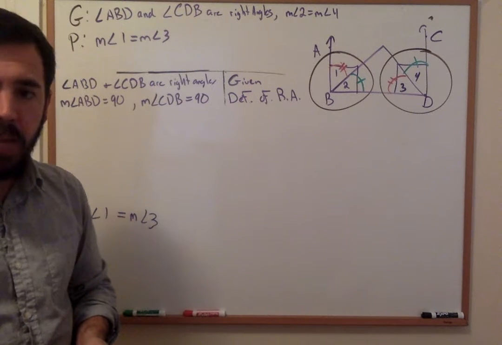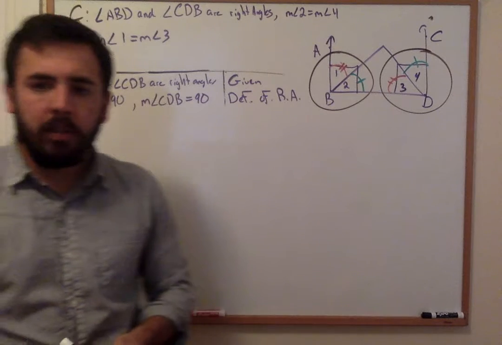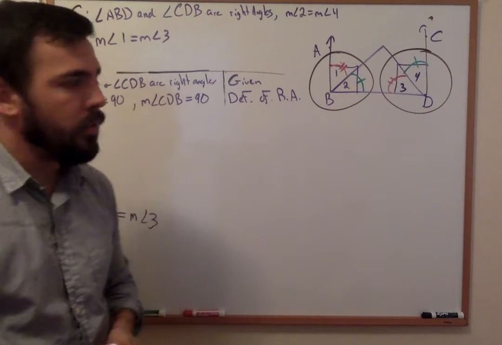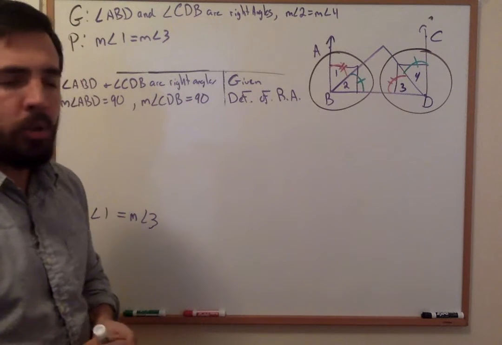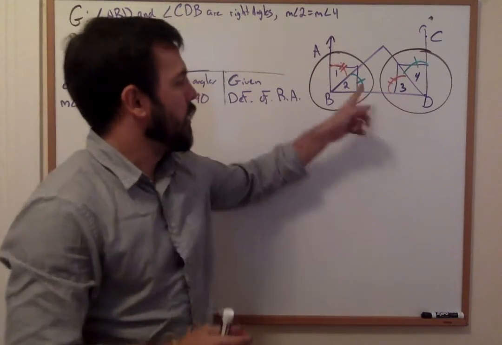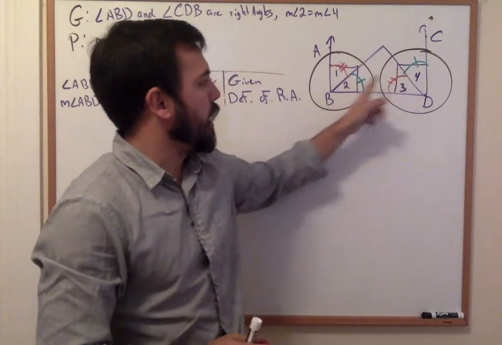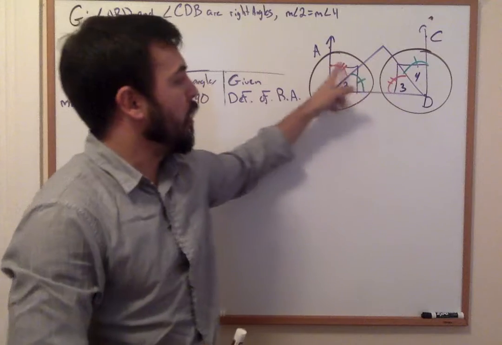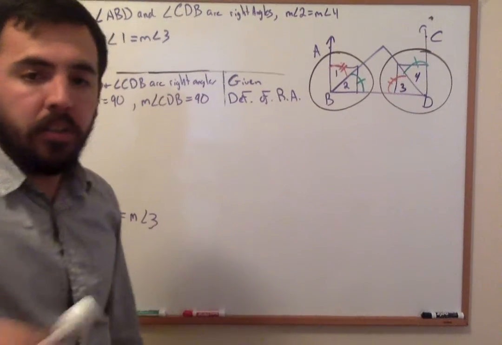They're both the same. Now let's look at their parts. Because what we're trying to show is that a part in each of them, 1 and 3, are the same.